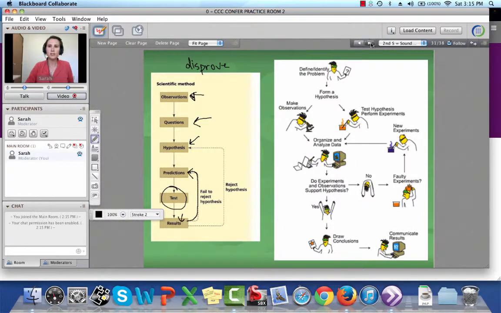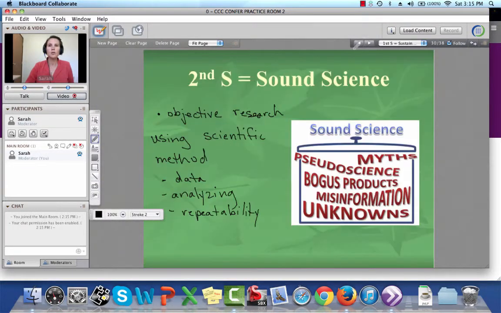The reason we like to point this out is that you want to make sure that you are not falling for the junk science, okay? Junk science. That's these infomercials that are saying, hey, you know, all you have to do is take this pill and blah, blah, blah, you're going to be an amazing person. Or politics loves junk science.